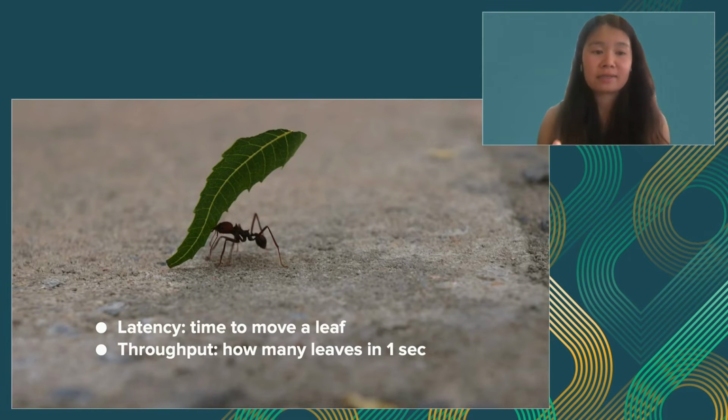Consider this ant that's trying to move leaves from A to B. If each time an ant can move only one leaf, then latency is the average time it takes for the ant to move a leaf from A to B, and throughput is how many leaves it can move in maybe one second, a minute, or an hour.